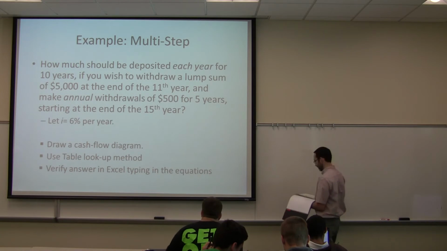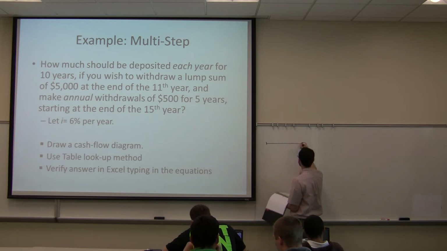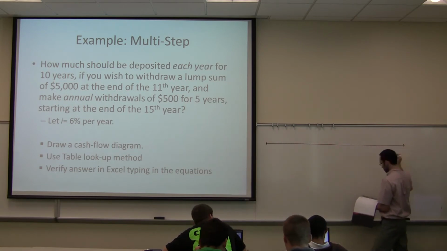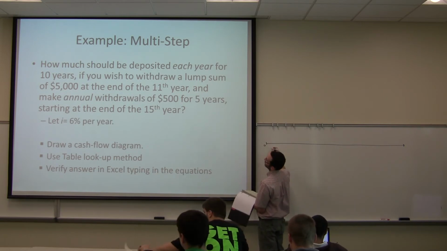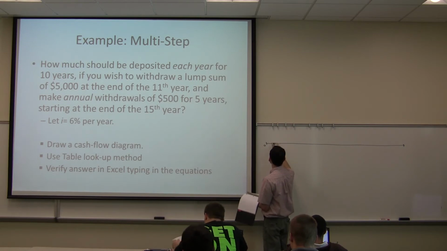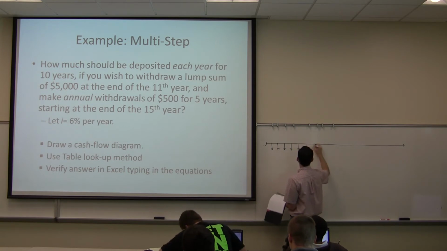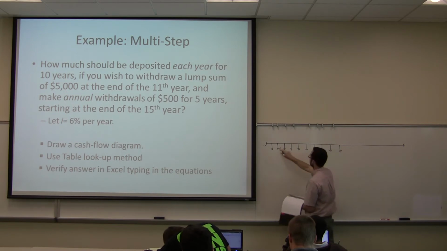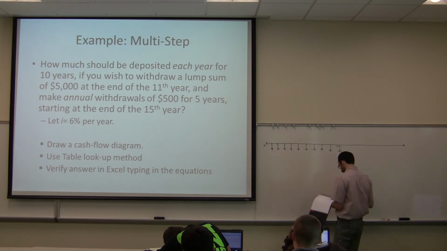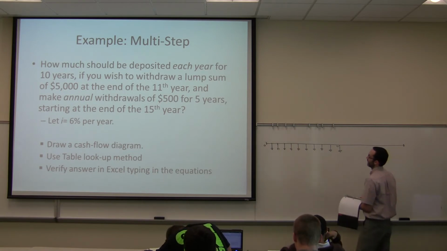The first thing we always do in problems like this is set up the cash flow diagram. And so here's what the cash flow diagram is going to look like. Here's 0. And we want to deposit for 10 years. So 1, 2, this is year 10. And then in year 11, we want to withdraw a lump sum of 5,000.